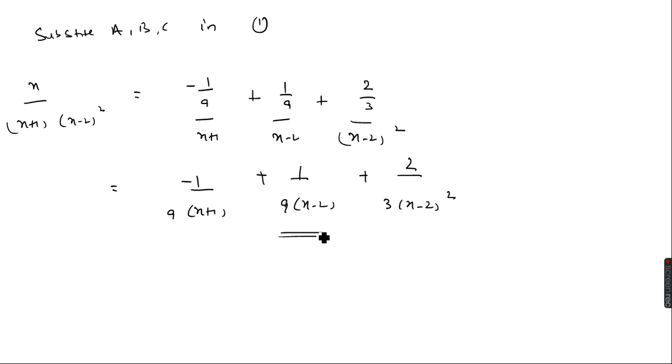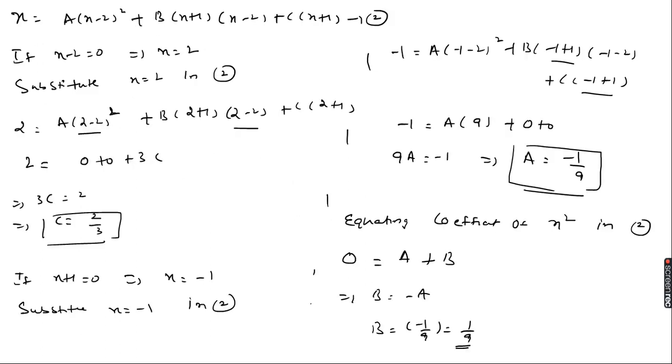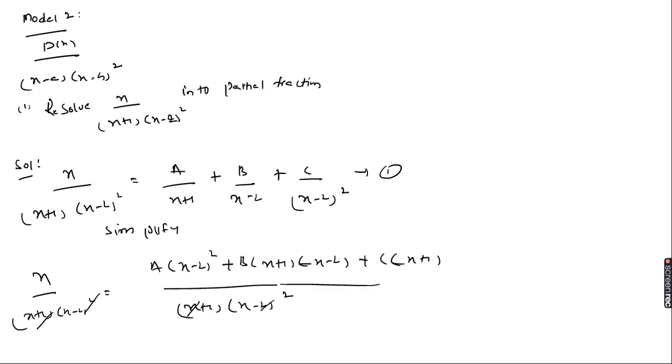Okay, so how can we solve this problem? Just to recall, in model 2 one factor is repeated, that is x minus 2 whole square. X minus 2 is repeated twice. So there are totally 3 factors. This is 2 and this is 1.